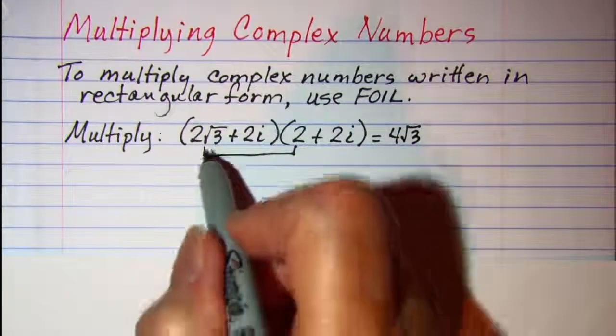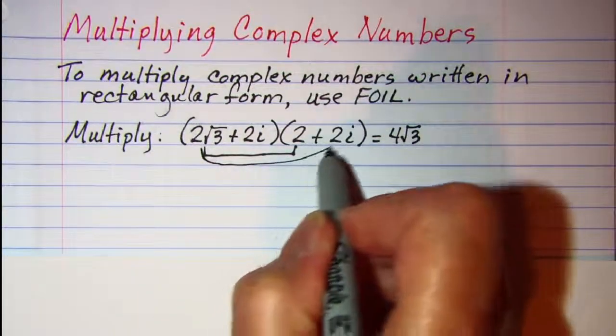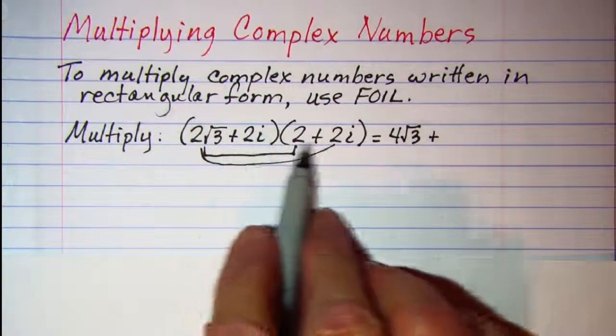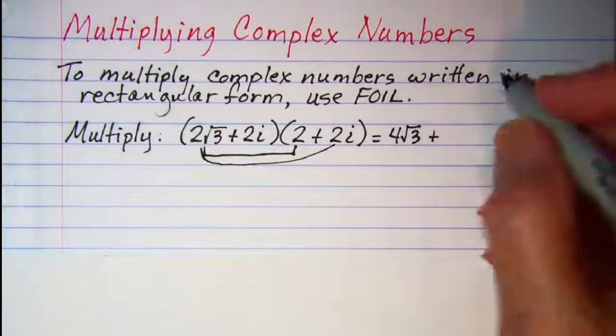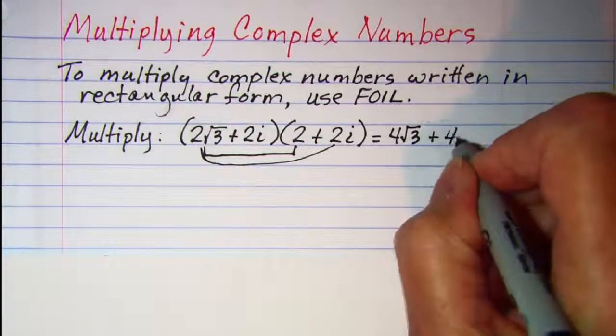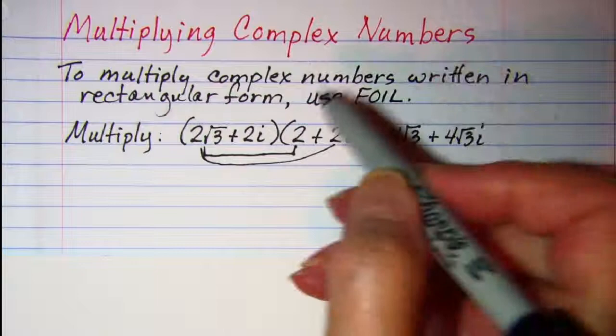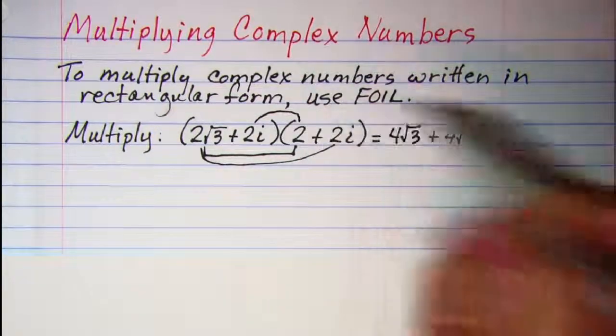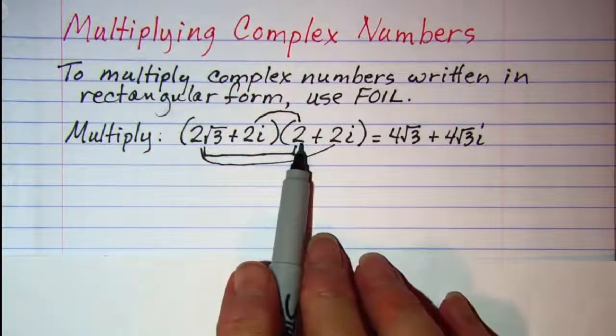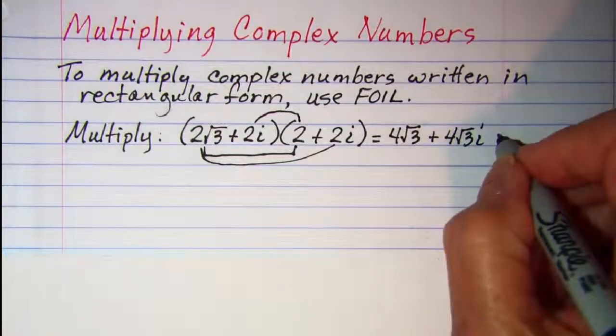The product of our outer terms, 2 root 3 times 2i, is 4 root 3 i. The product of our inner terms is 2i times 2, which is 4i.